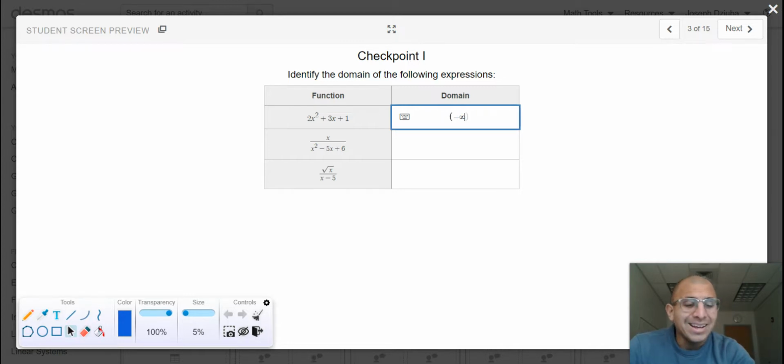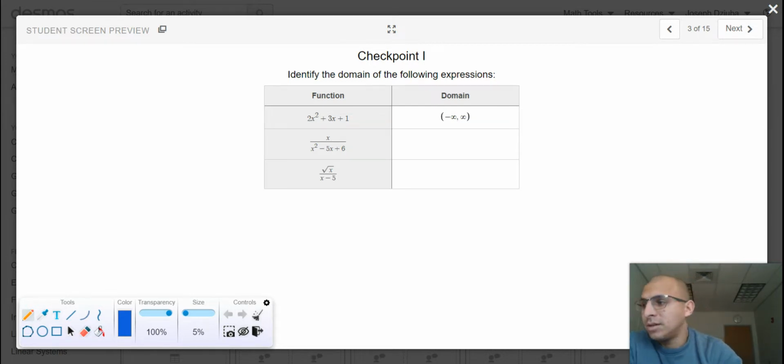So if x can be any number, I can literally say from negative infinity, my leftmost bound, all the way to positive infinity, my rightmost bound, every number in between those, so that's literally every number, is what x can be. Oops, I do not want to do that type of slash. I don't want to do an absolute value sign. So I'll have to write this next one. We call that interval notation.